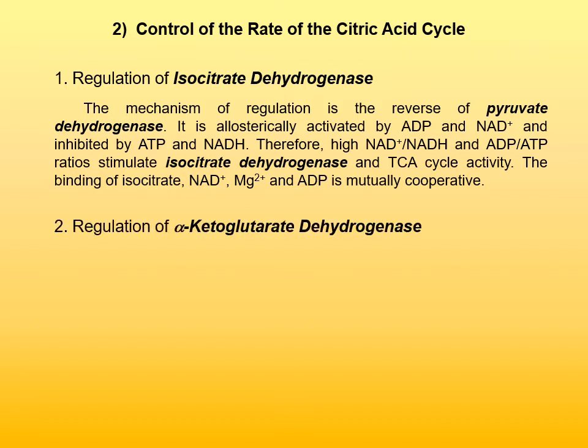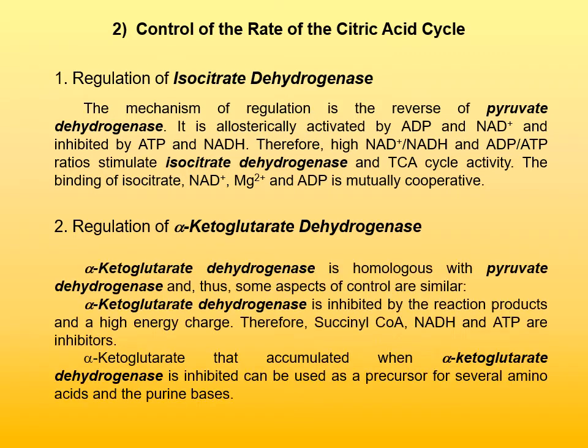The other enzyme that is regulated is alpha-ketoglutarate dehydrogenase. It is homologous with pyruvate dehydrogenase, and some aspects of control are similar. Alpha-ketoglutarate dehydrogenase is inhibited by the reaction products and a high energy charge. So succinyl coenzyme A, the reaction product, and NADH and ATP, indicators of high energy charge, are all inhibitors.